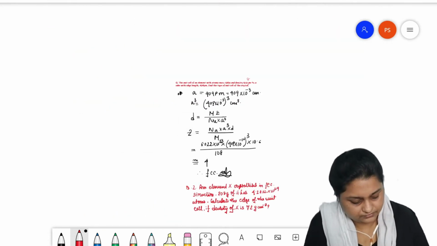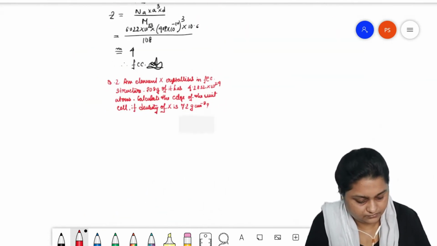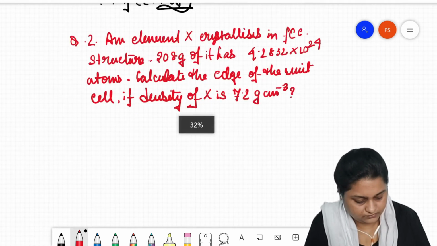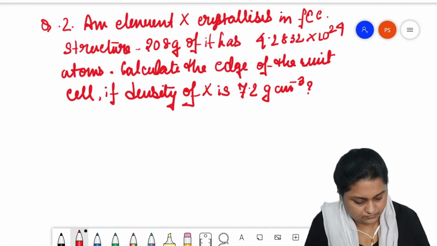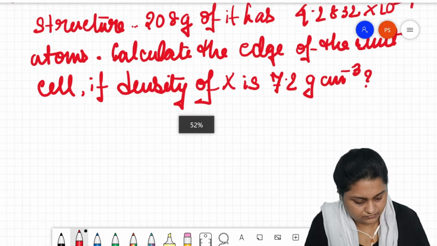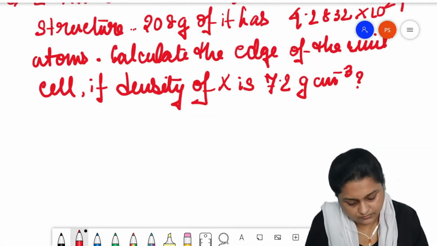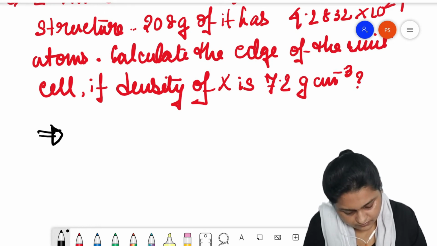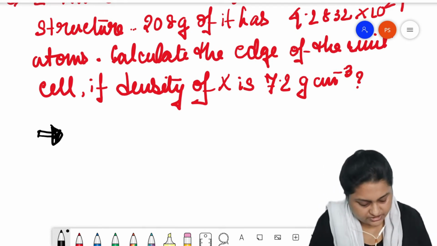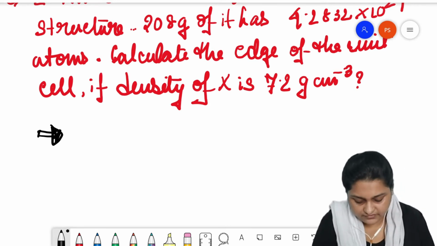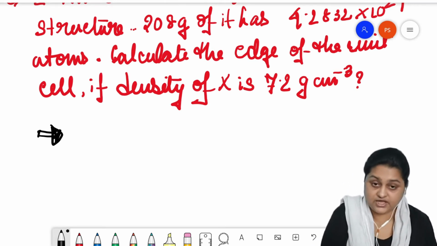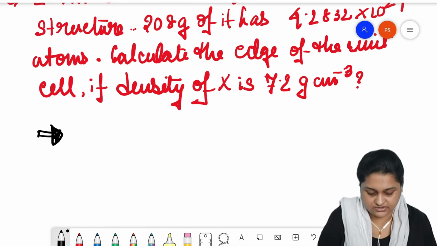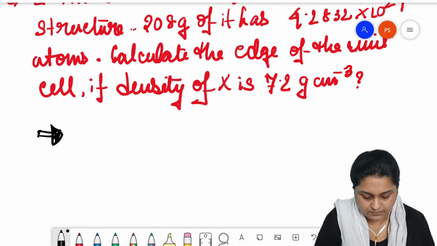Now in the question they have given the z value, that is, this is an FCC type of unit cell.